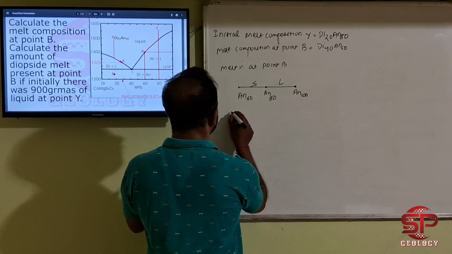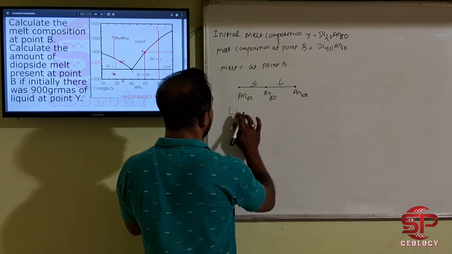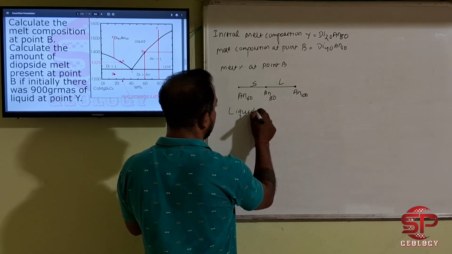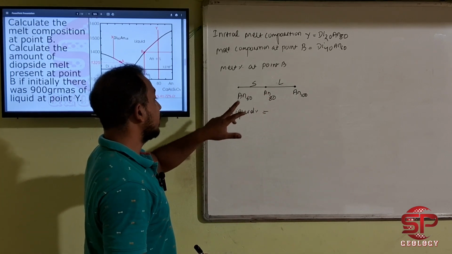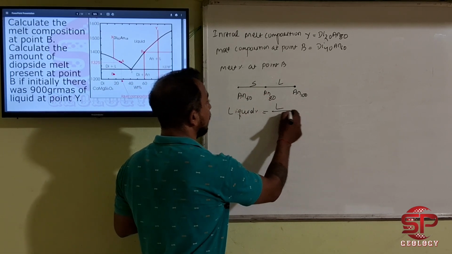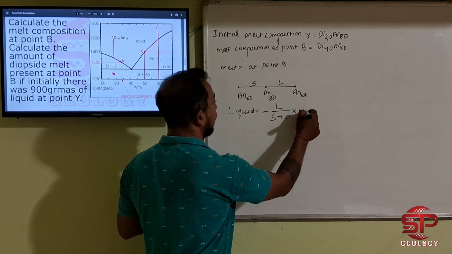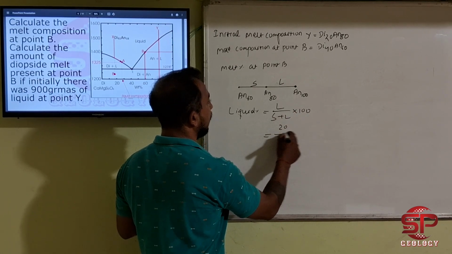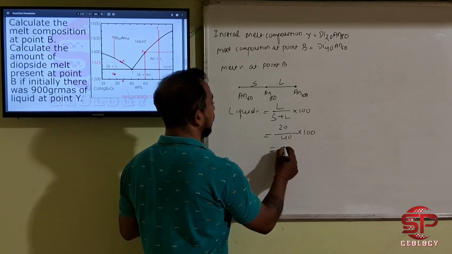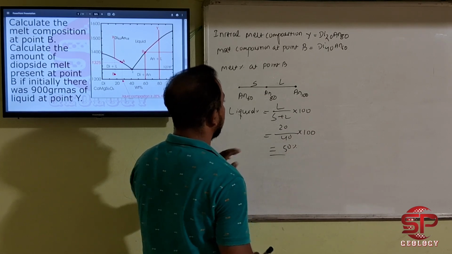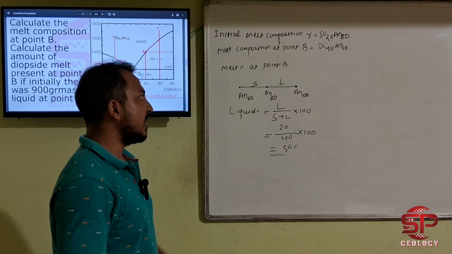So you have to calculate the liquid percentage. The liquid percentage will be liquid by solid plus liquid into 100. So liquid is 20 by 40 into 100, which will be 50%. So here you will get 50% of liquid and 50% of solid.